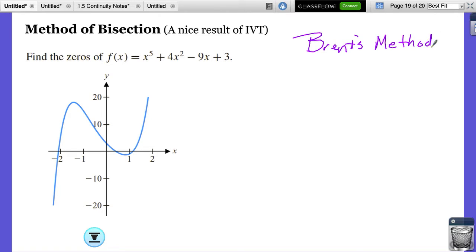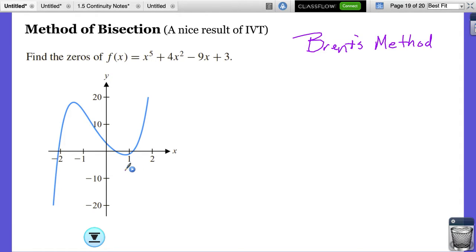Okay, but what Brent's method does is it uses method of bisection and some other advanced techniques in order to find the zeros. It says, all right, let me find one point that's positive and one point that's negative.